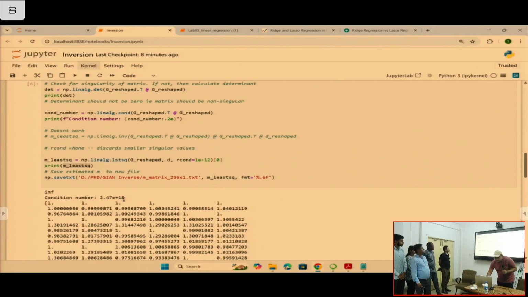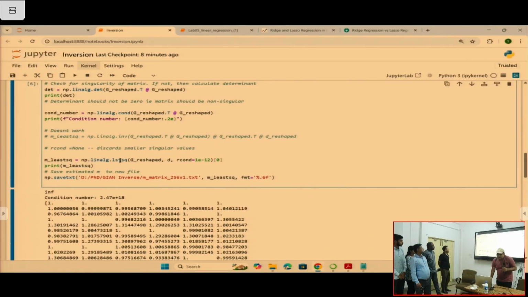There is a function in Python, the least squares function, that inherently uses SVD in the background, and it has a parameter called rcond, where you give the singular values cutoff. If you give that cutoff, it removes all the singular values less than that.